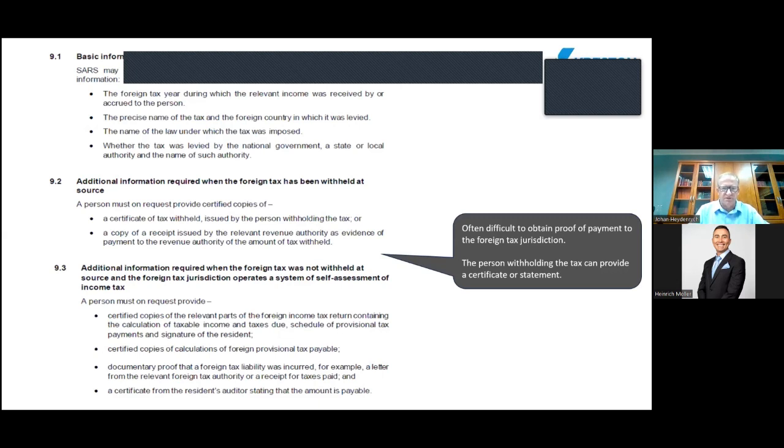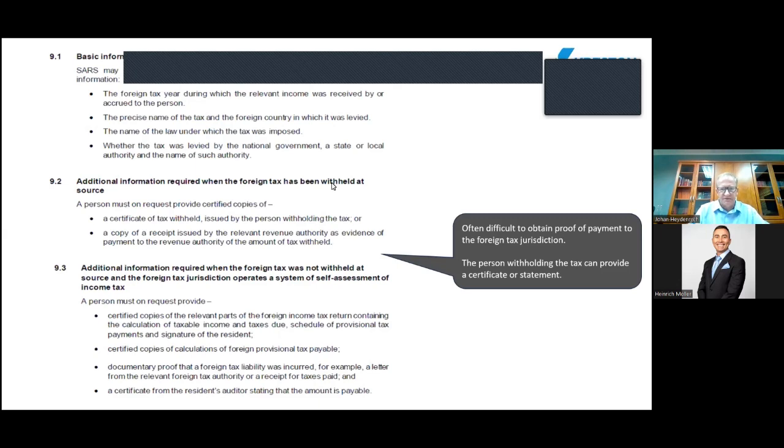If you have not actually paid it, but it's proved to be due and payable, it was not withheld at source, and there is a foreign self-assessment. It's like you are required to register for VAT in the foreign country. Now, obviously, VAT won't apply for this, but some kind of withholding tax that you have there. Then certified copies of any taxes that you have, if it's some kind of self-assessment.